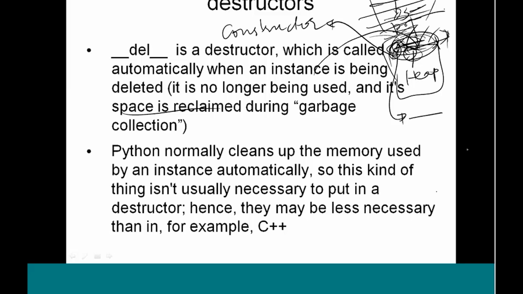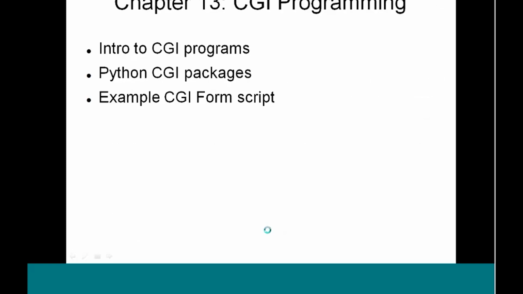Now the destructor comes automatically and reclaims this memory back into the heap, and that is the job of the destructor. Python also normally cleans up the memory used by an instance automatically, so it is not necessary to put this in the destructor. It may be less necessary than, for example, in C++.